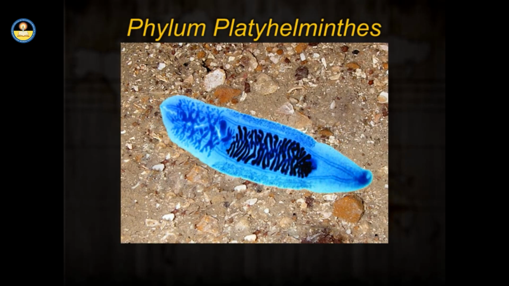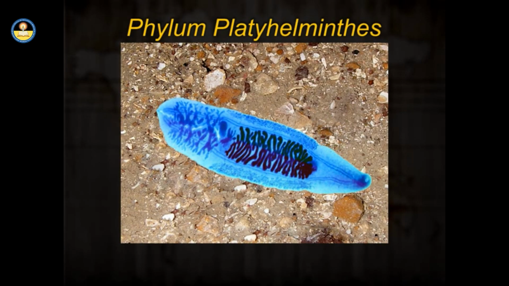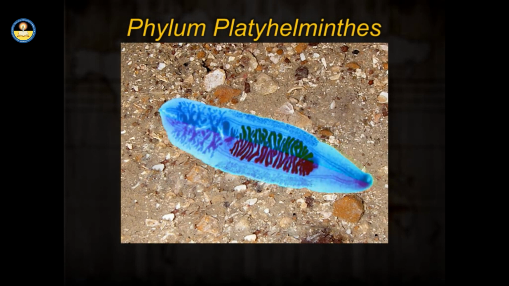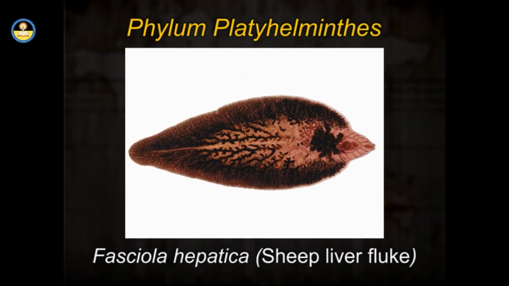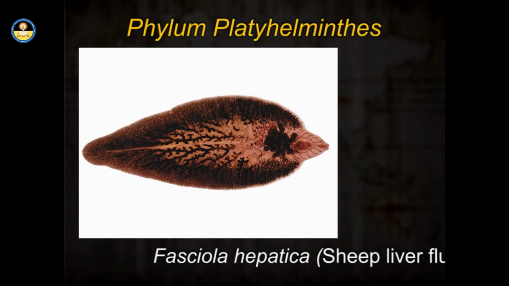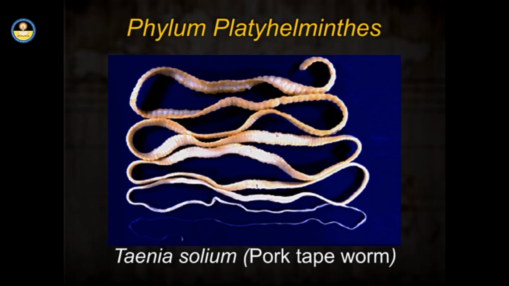Flatworms are the first organisms to have tissues organized into organs and the first to demonstrate bilateral symmetry. Examples: Dugesia, that is planaria; Fasciola hepatica, that is sheep liver fluke; Schistosoma, that is blood fluke; Taenia solium, that is pork tapeworm.